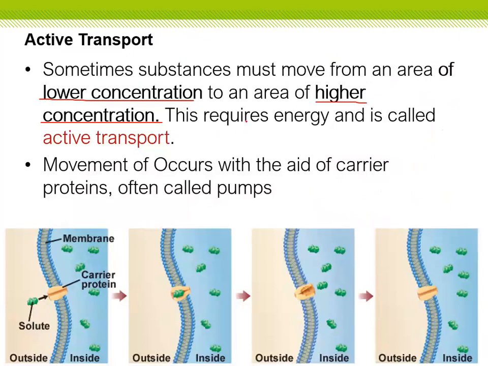You need active transport for that. This now requires energy to happen. Right? If you want water to go uphill, you need to pump it. It's not going to flow there naturally. So it needs that energy.